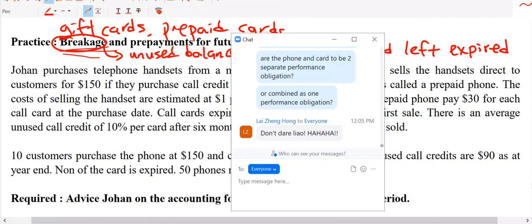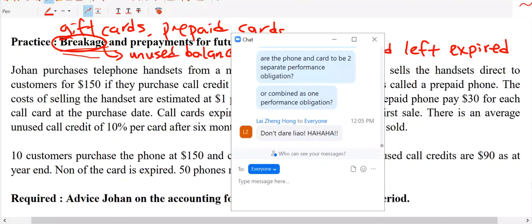It's not at the point, because your thinking was at the point just now. The sale, you have to buy the prepaid card before you can get the phone at a special price. So just now you thought at the point of selling they are related. But I explained already, it is not at the point of selling we decide. It is after sales, the performance after that.